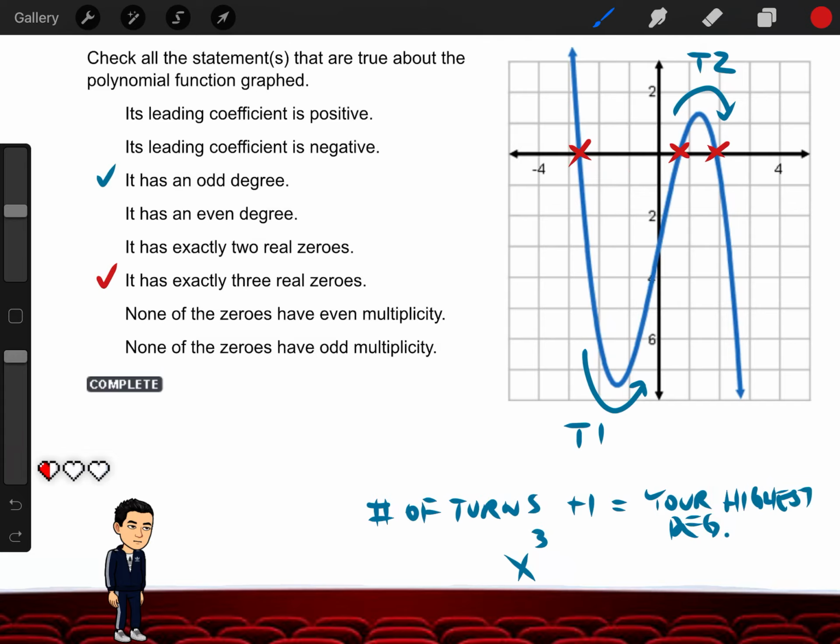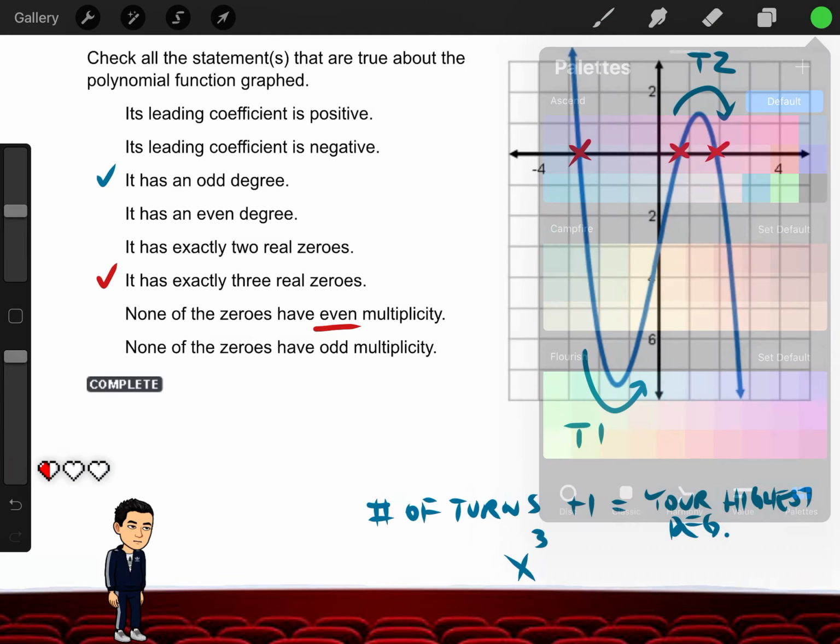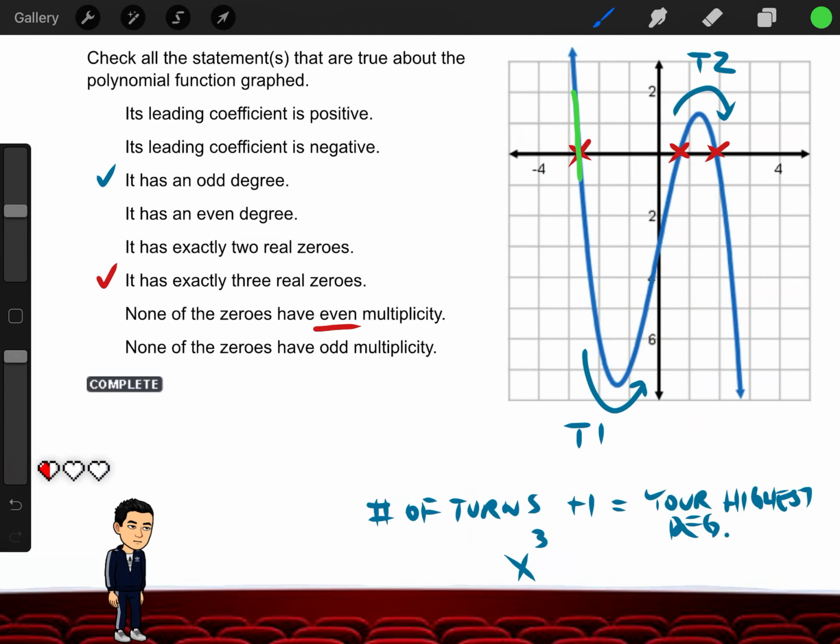Then two more things you have to check. None of the zeros have even multiplicity, because you look at it, the function passes across the x-axis. It crossed the x-axis, it crossed the x-axis, which means that these are all odd multiplicity.